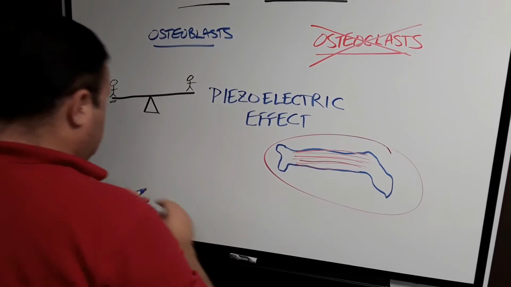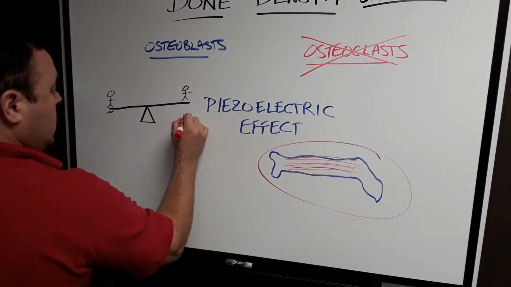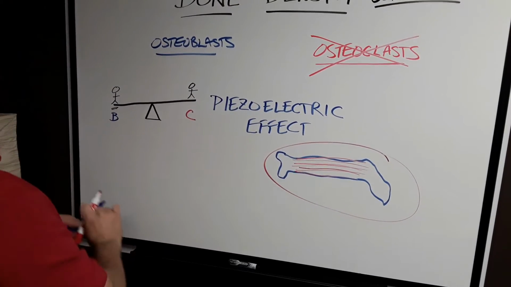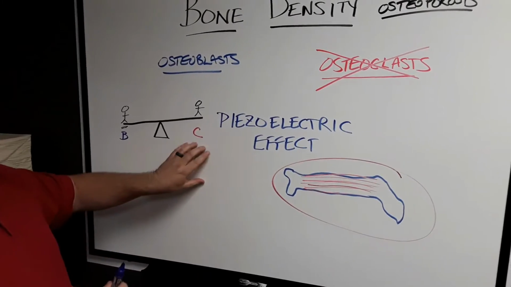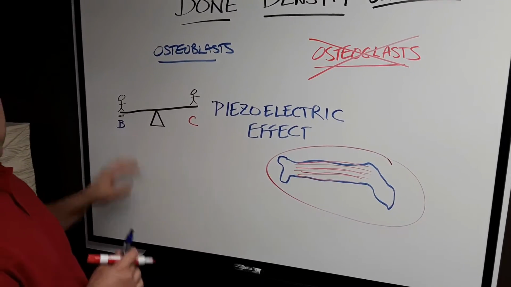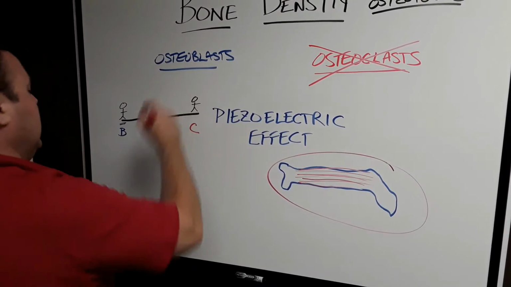It appears that to a certain degree, the osteoclasts, let's just put a C for osteoclasts, and the osteoblasts work in kind of the same way. So the more activity you have here, the less activity you have here. The more activity you have here, the less activity you have here. So if we do this kind of stuff for strength training, we stimulate more of this activity.